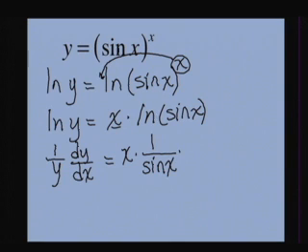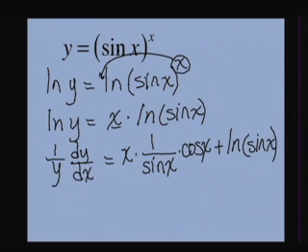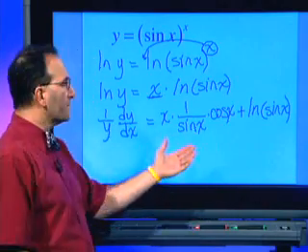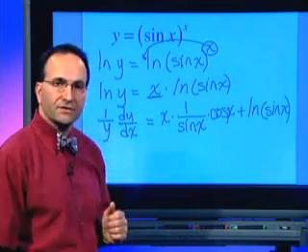But then we have to take the derivative of sine x, which is cosine x. Then to finish off the product rule, it's plus the second function, which is log sine x, times the derivative of the first function, but the derivative of the first function is just 1. So therefore, we just have the log of sine x there.